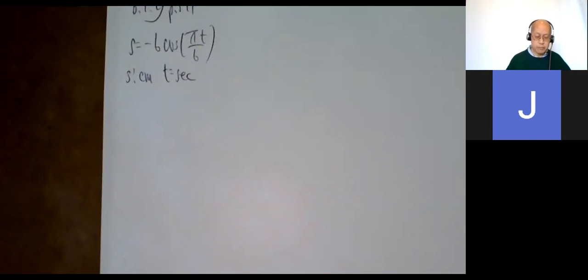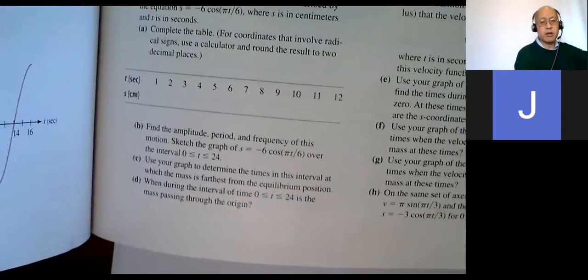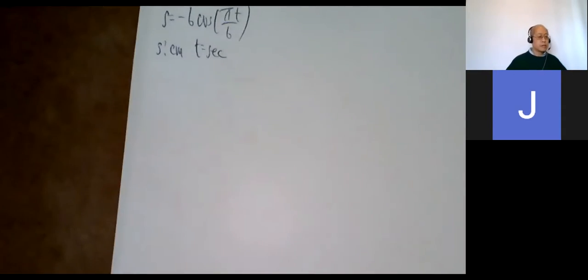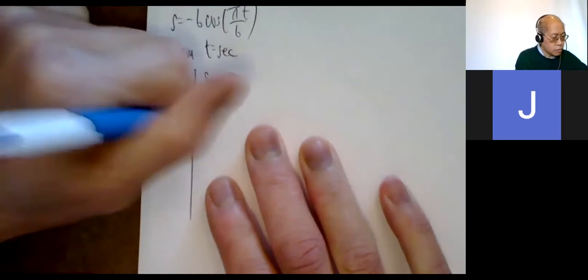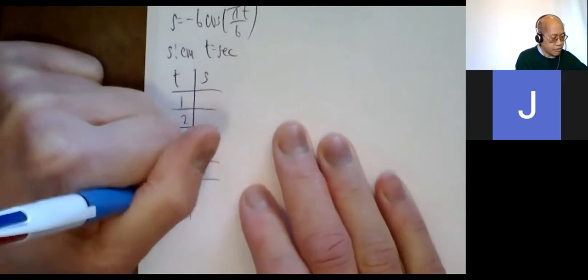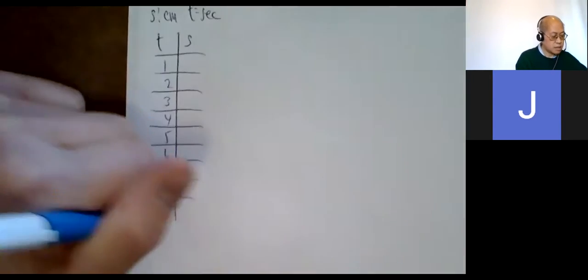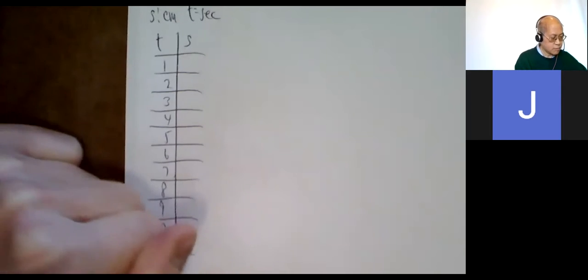All right, first they give me the super long table to fill in. Now they write it horizontally. It's better for me to go vertically, so I'm going to write it vertically. It's the same thing. 1, 2, 3, 4, 5, 6, 7, 8, 9, 10, 11, 12.